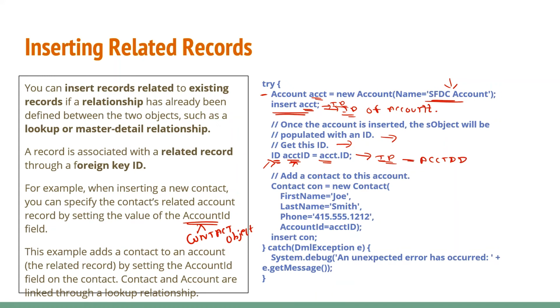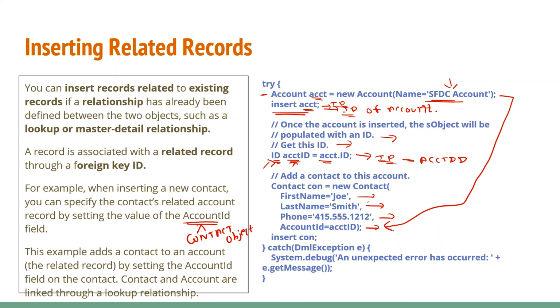Okay. Add a contact to this account. So Contact con equal to new Contact. First name is Joy, last name is Smith, phone number, anything you can specify. Account ID equal to, so we are passing the ID of the account record which was recently inserted. So this is the account ID which we are using here.